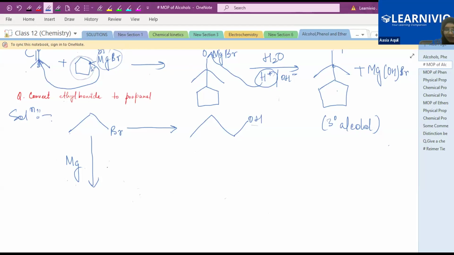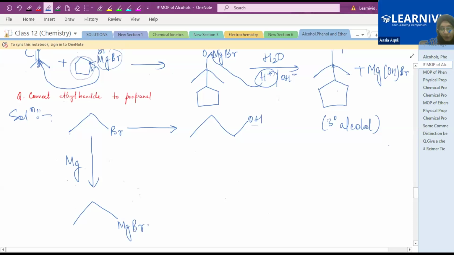So what will the Grignard reagent be over here? 1, 2 carbon, this is your alkyl group, and here MgBr. This Grignard reagent you get. Is this step clear? Yes or no? Just please respond. Yes, ma'am.